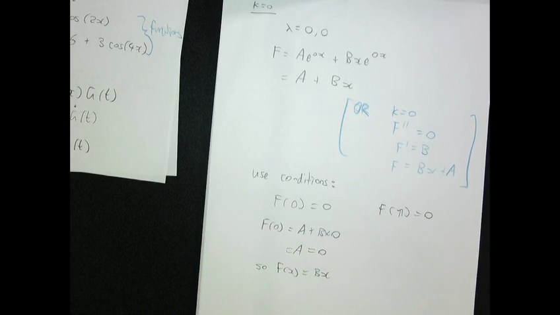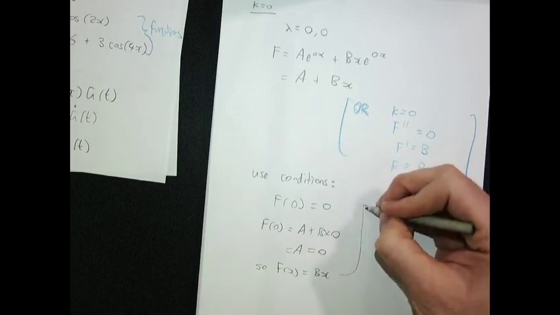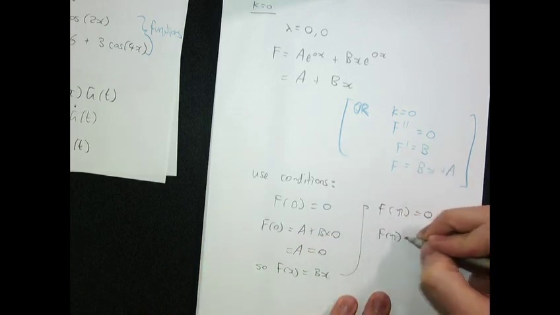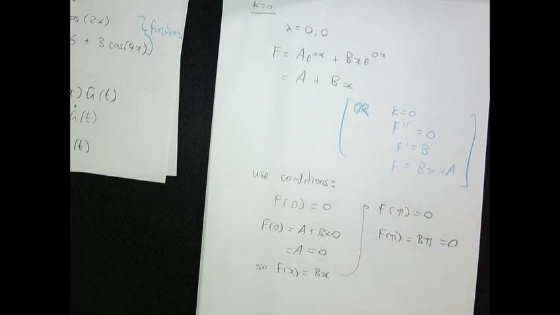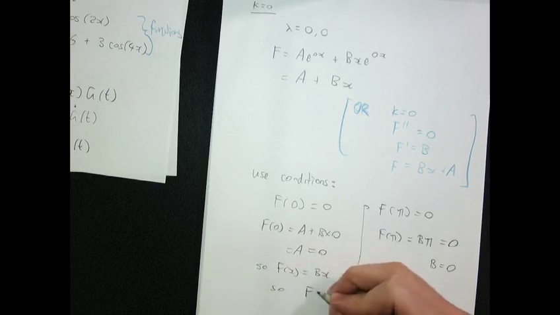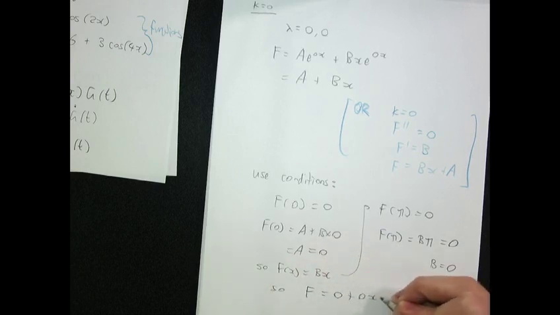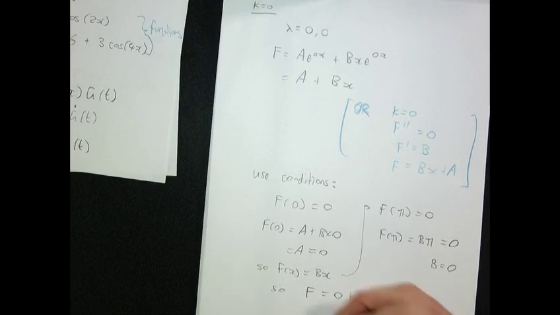All right. So now let's sub in this one. f of pi is b times pi, which is supposed to come out to the answer 0. So if I divide by pi, I get b equals 0. So actually, f is just 0 plus 0x, because that's what a and b are.